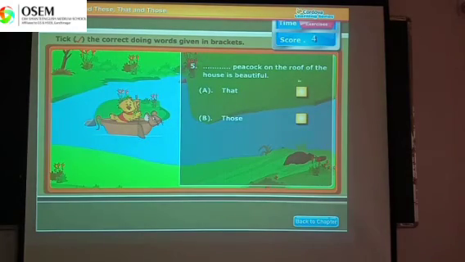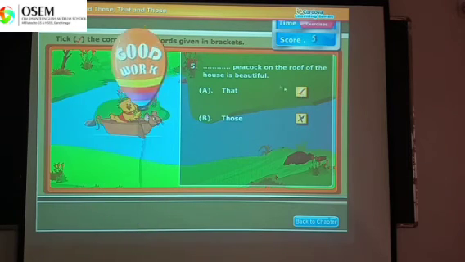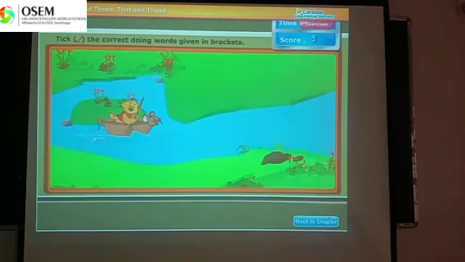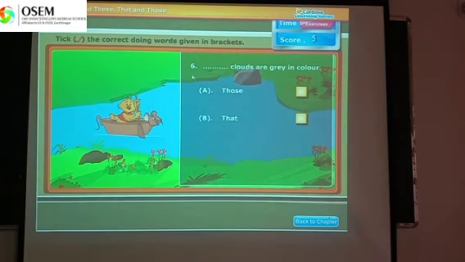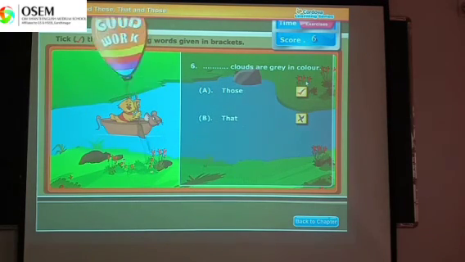Fifth, dash peacock on the roof of the house is beautiful. That or those. So we use that. That peacock on the roof of the house is beautiful. Sixth, dash clouds are grey in color. So those clouds are grey in color.